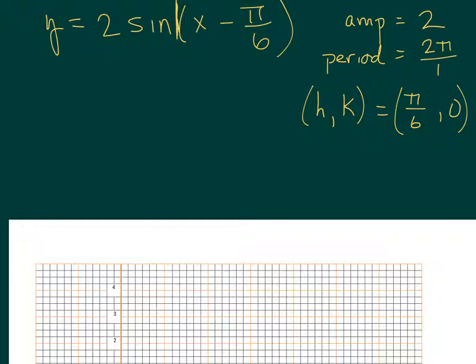So there is no vertical shift on this one. So the origin has essentially moved to the point pi over 6, 0. Now, the next part that we figure out are the special points along the curve where the curve hits its center line or the highest point or the lowest point on the curve.